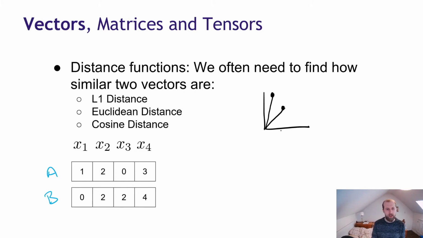What the cosine distance is saying is we want to consider the direction that these two vectors are pointing. So that's pointing in this 45-degree direction, and this one's pointing in a slightly more upright direction. And we want to find the angle between those and do the cosine of that angle.